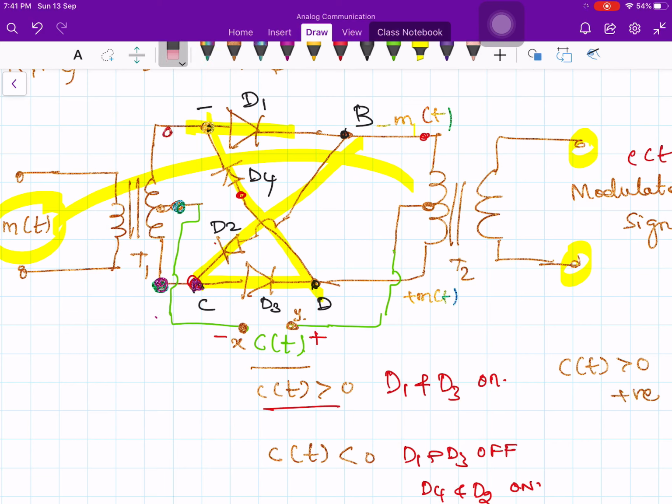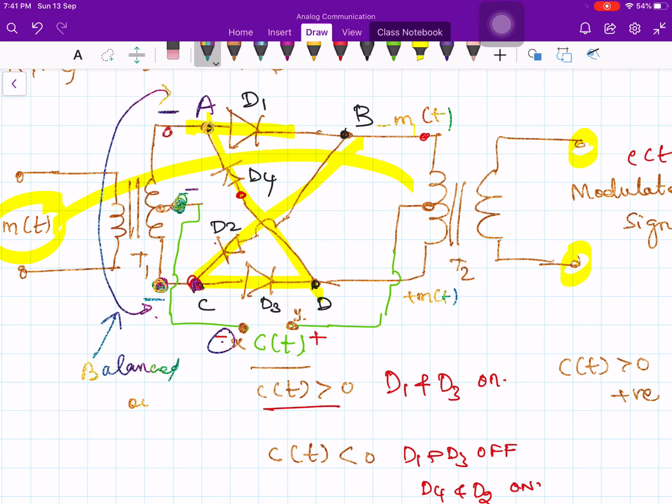Because this is A. If X is minus, negative voltage is coming here, the same negative appears here, and in this point also negative appears. So what is the potential difference between these two? 0. So that means it is balanced out. There is no net carrier applied across A and C. The carrier voltage appearing between the A terminal and the C terminal is 0.